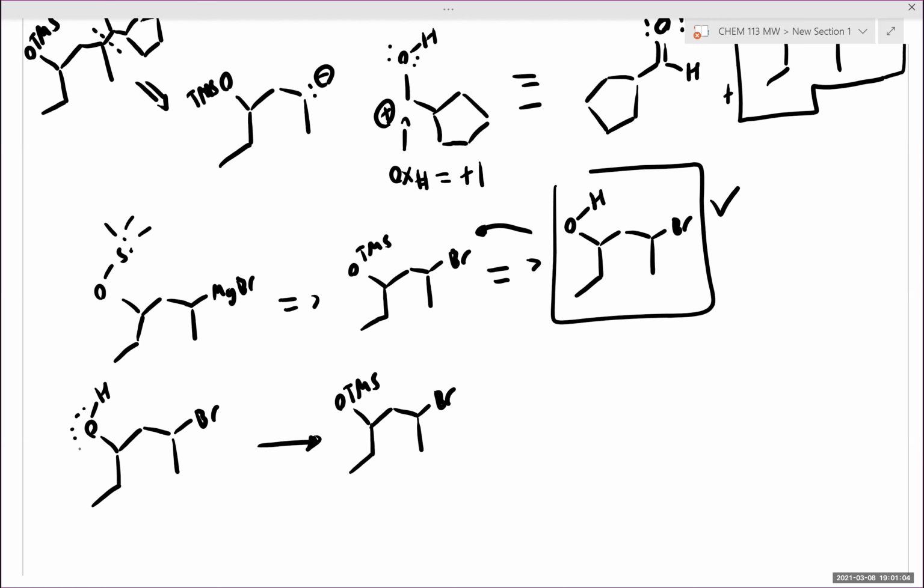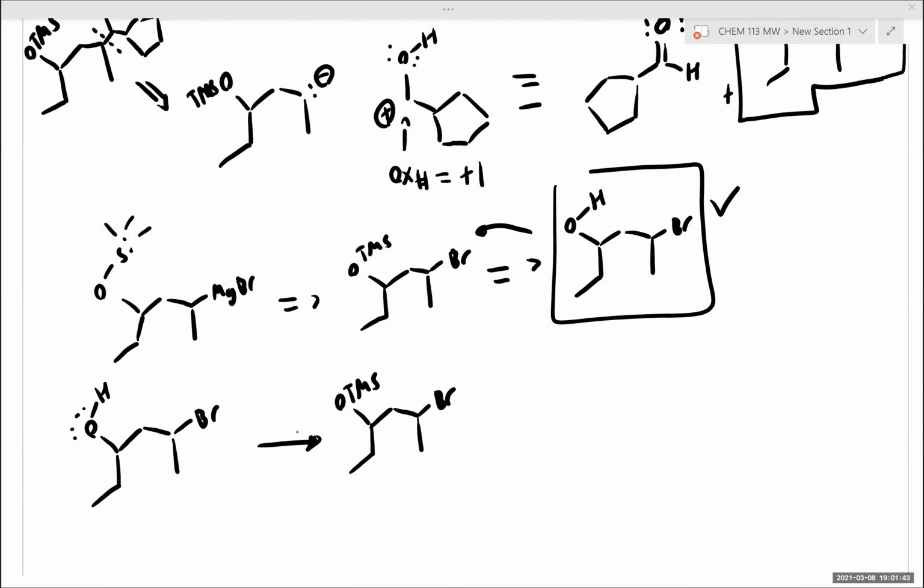How would we install the trimethylsilyl protecting group? Sure, but what exact conditions would we need? What reagents would we add above this reaction arrow? What reagents would we need to add in order to install our trimethylsilyl group?